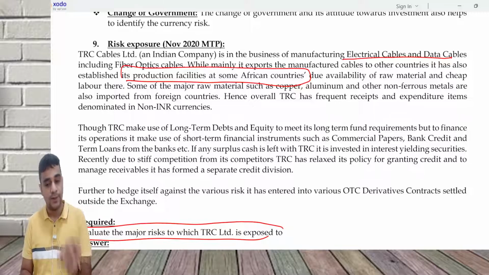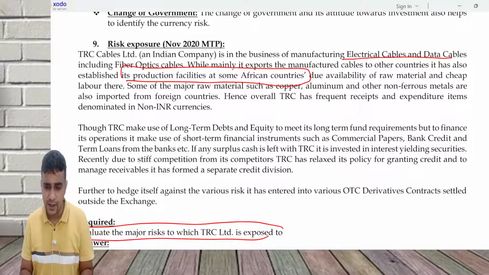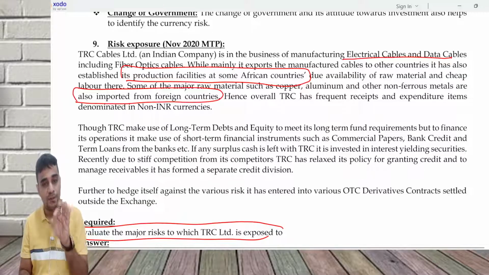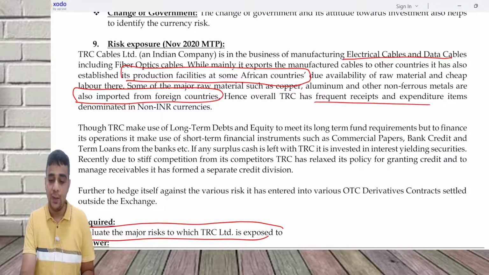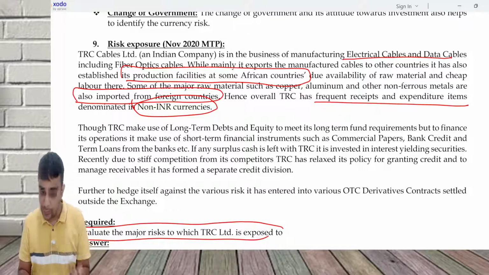In the African country, due to availability of raw material and cheap labor, some of the major raw materials such as copper, aluminium and other non-ferrous metals are also imported. If you import something, you are going to have currency risk. Hence, there are frequent receipts and expenditure which are in non-INR. So I am exposed to political risk, and I am exposed to currency risk.